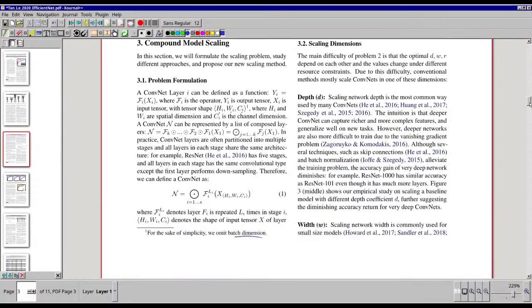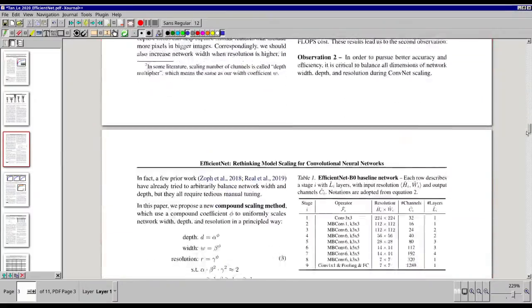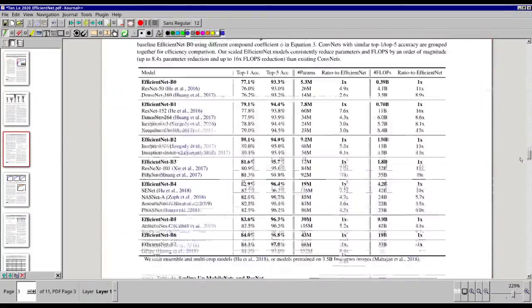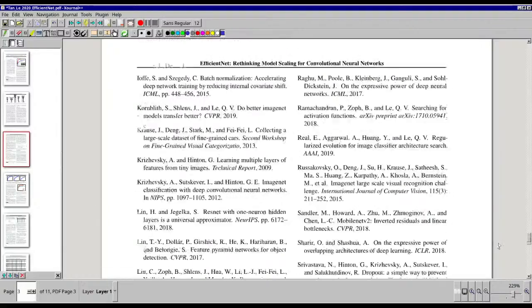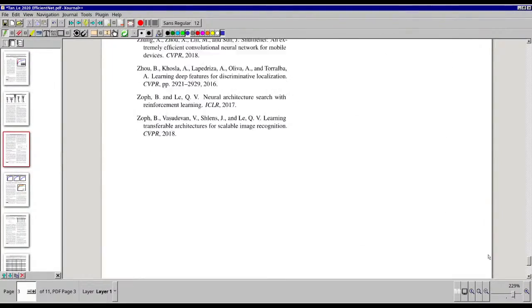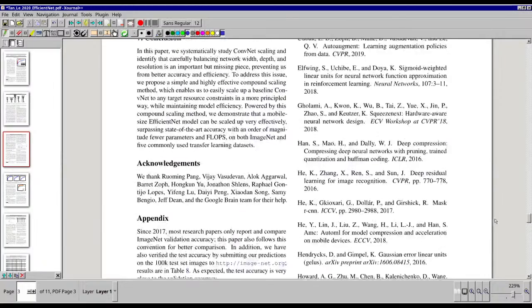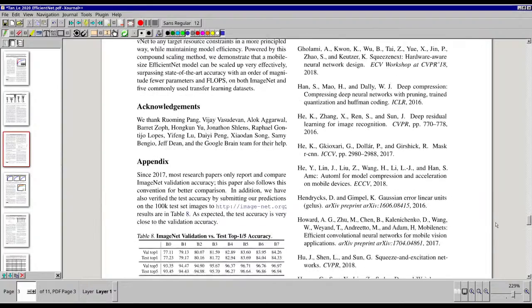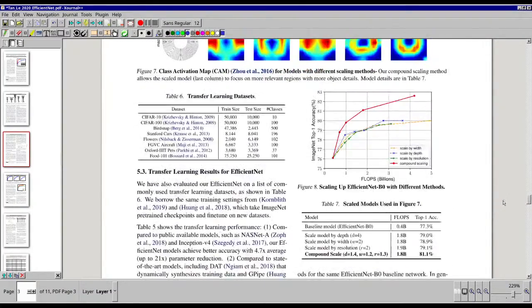Okay, long paper and still have not gotten anything out of it. Why do they have to write such long papers?